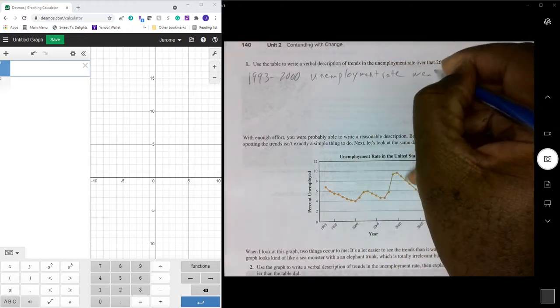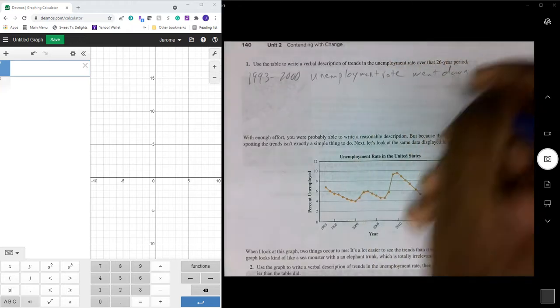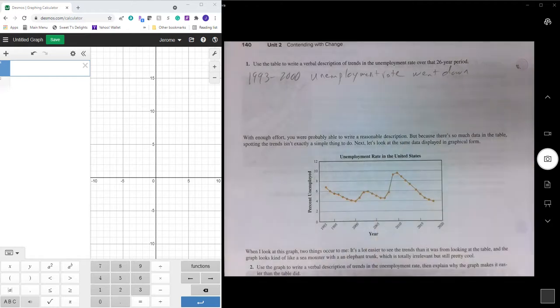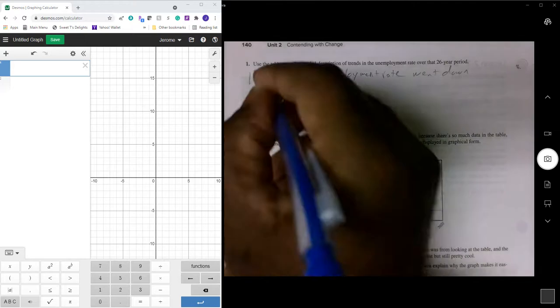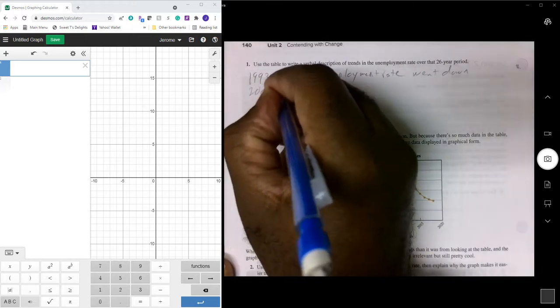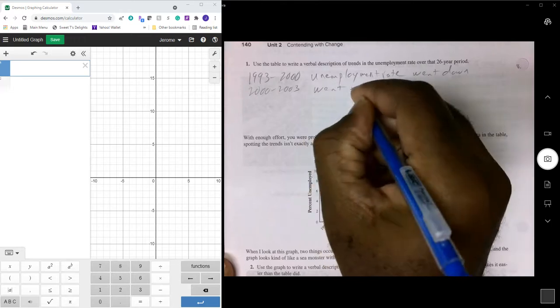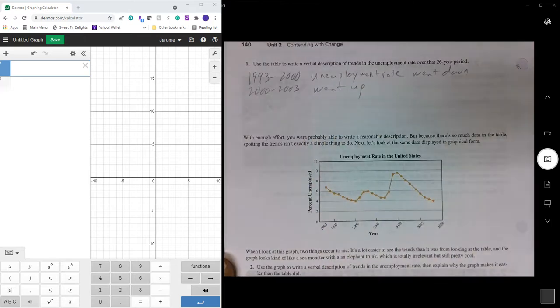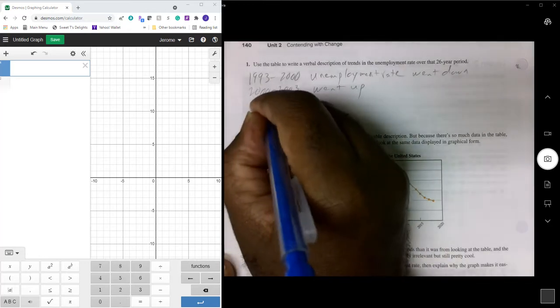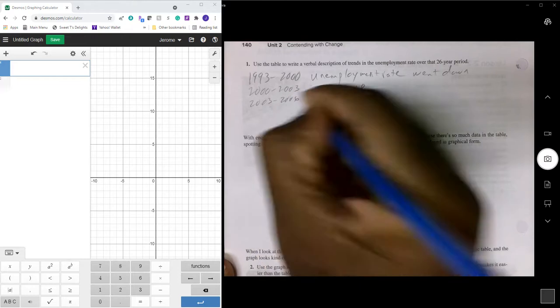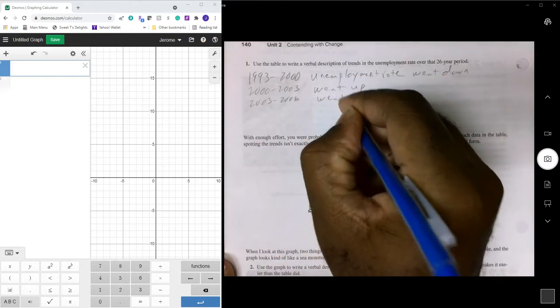Now, I'm not going to keep writing out unemployment rate, but as you all would see here, from 2000 to 2003, the unemployment rate went up. From 2003 to 2006, the unemployment rate went down.